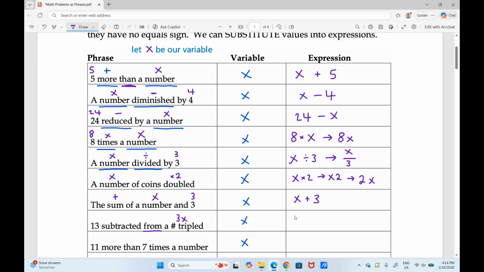I want to write that first. Now it says subtracted, which is the subtraction symbol, from 13. So it's going to be 3x minus 13. Now, most people would probably write 13 minus 3x, but again, the word from has a special meaning. So whatever comes after the word from, or whatever comes after the word then, will always come first in our expression. So we're going to write this as 3x minus 13 instead.